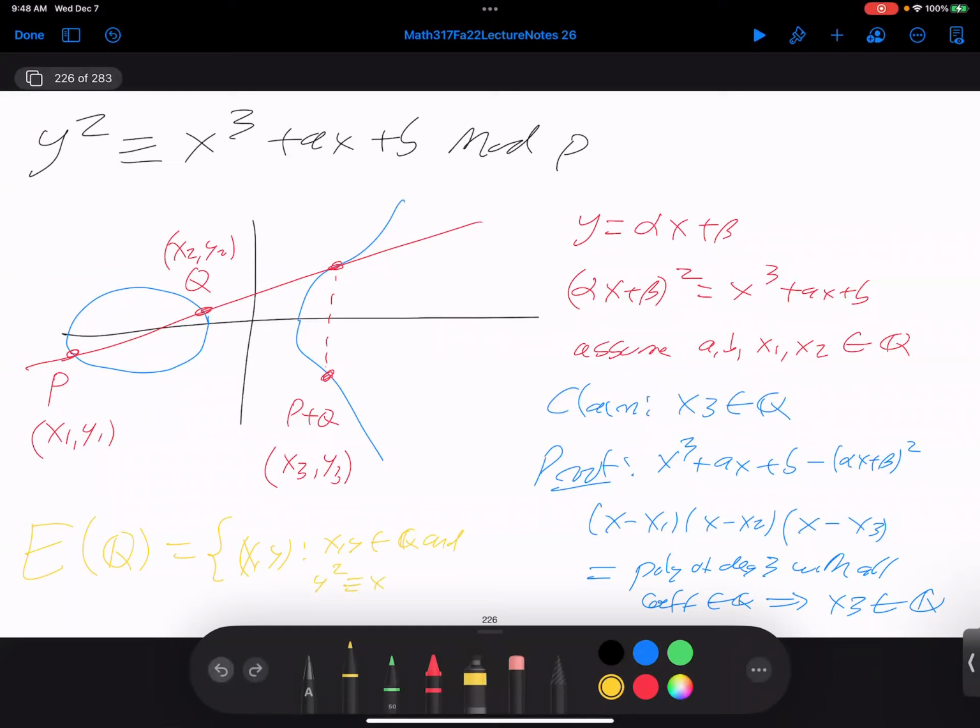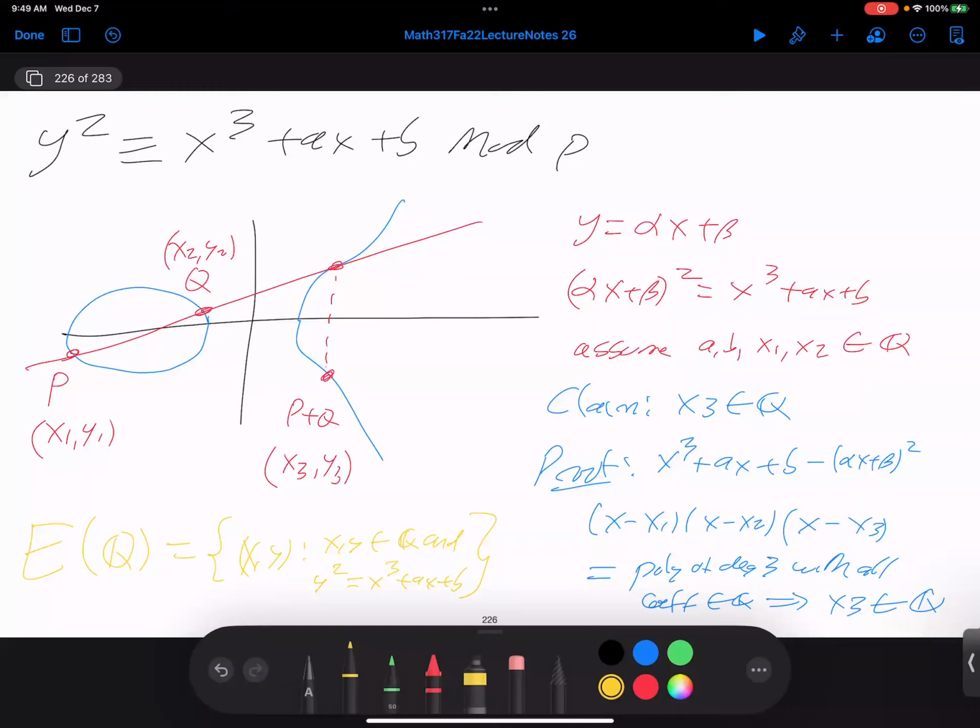So I'm saying my group is the set of pairs of rational numbers x and y that satisfy the equation. It's all pairs of rational numbers such that y squared is x cubed plus ax plus b. And it turns out that that's going to form a group.